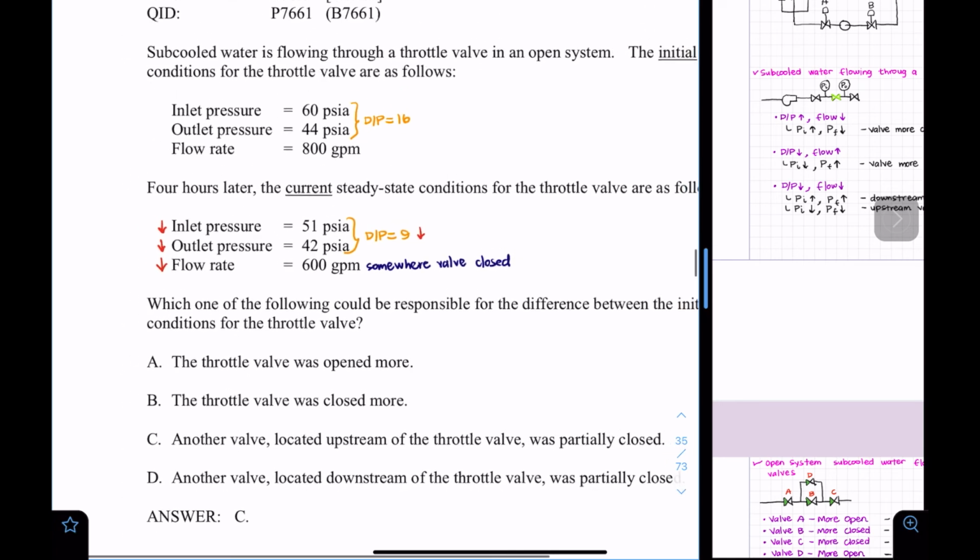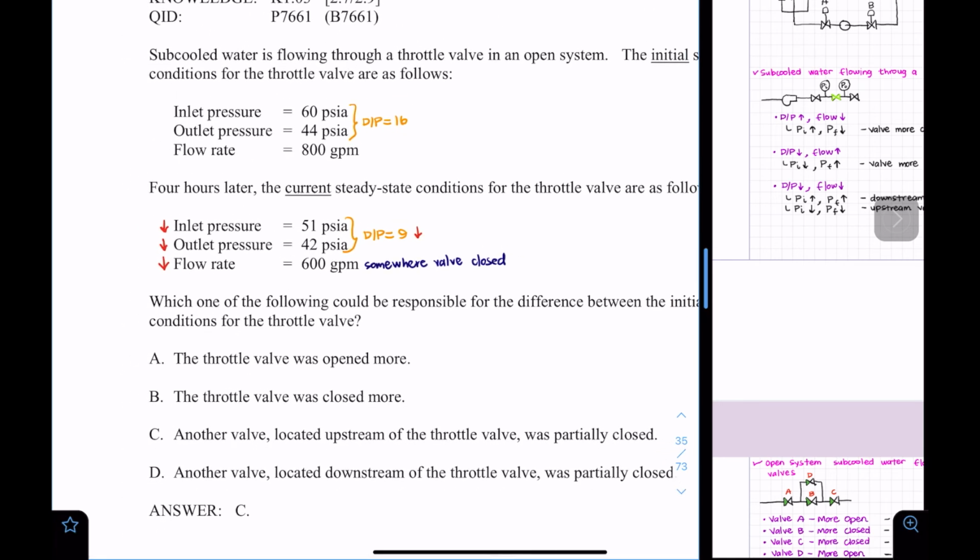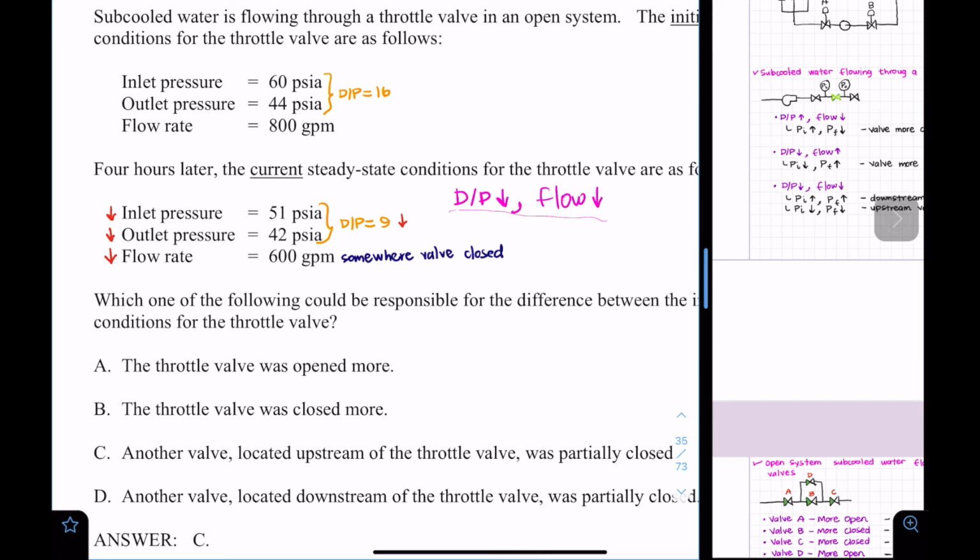So this one is giving me a differential pressure initial of 16 and next dP or current dP is 9. So I had a decrease in my differential pressure. I had a decrease in my flow. So from this information, I know, okay, this is not normal. So that means that we are not doing anything on the current valve or the middle valve.